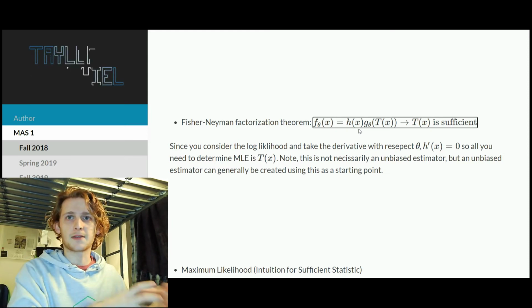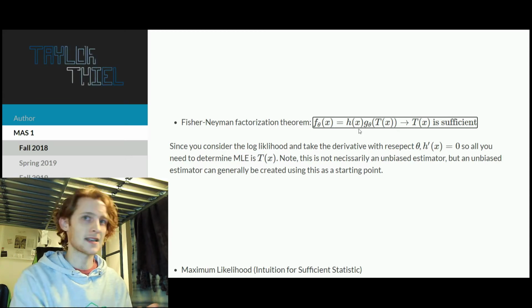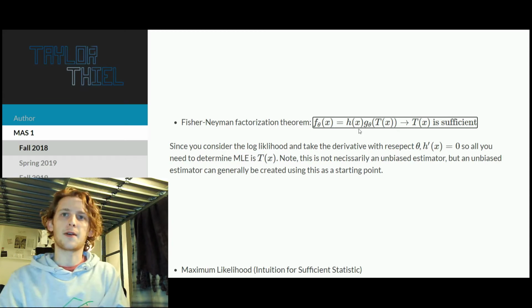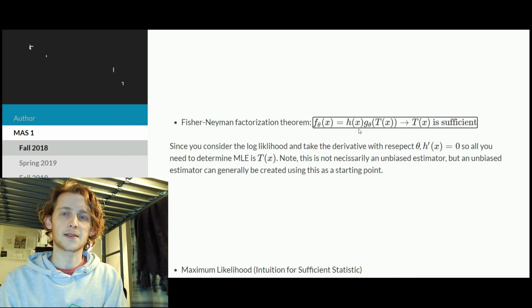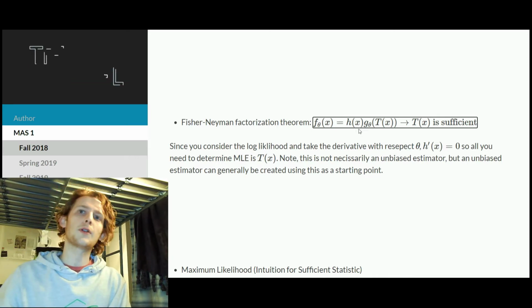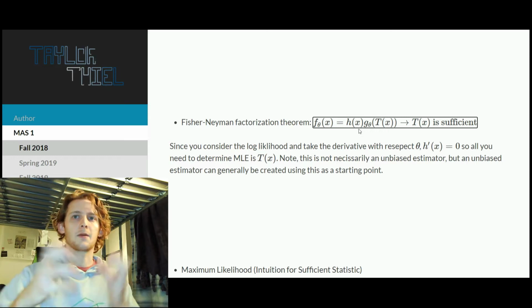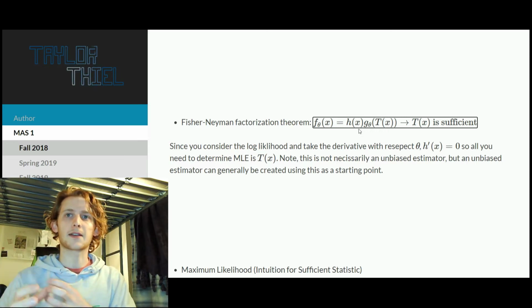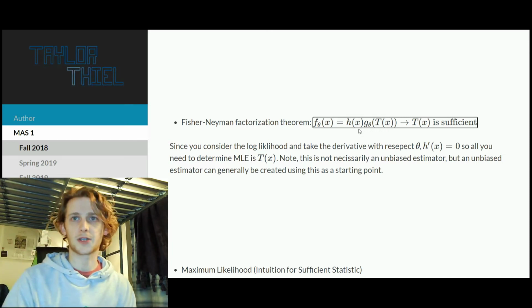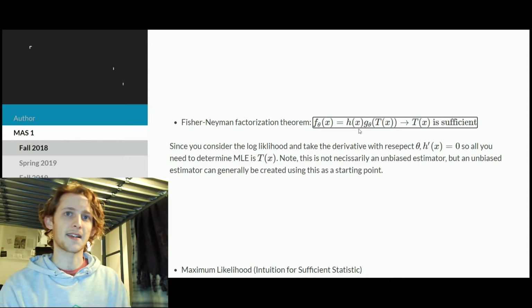So you have some function h of x, which does not depend on theta, and then you have a separate function g which is dependent on theta and x. And the goal is to pull as much of the PDF into just h of x, because you can then ignore h of x, and then whatever components of x are in that g function are your sufficient statistics.